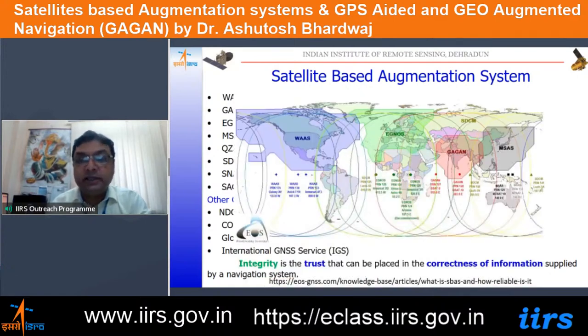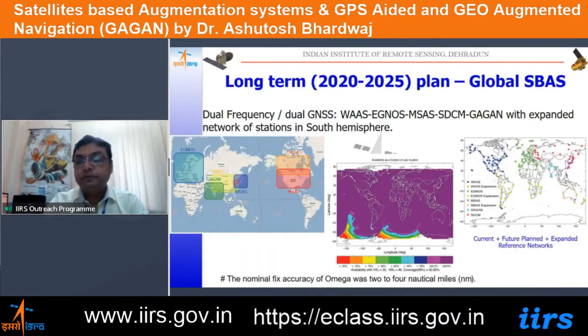This is the kind of setup where the satellites in the geostationary orbit, like for WAAS, PRN 135, 138, 133. In the case of GAGAN, it is 127, 128 for GSAT 8, 10, and GSAT 15 is also operational. These geostationary satellites play an important role in disseminating the correction parameters to the user in real time.